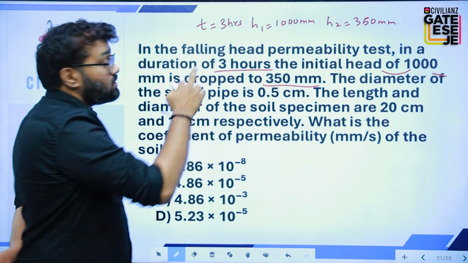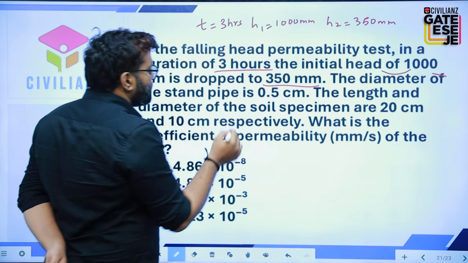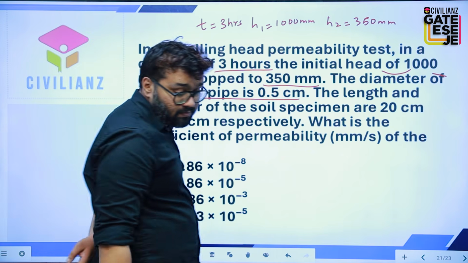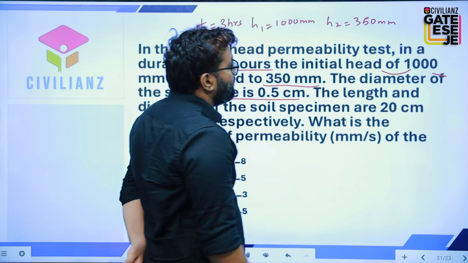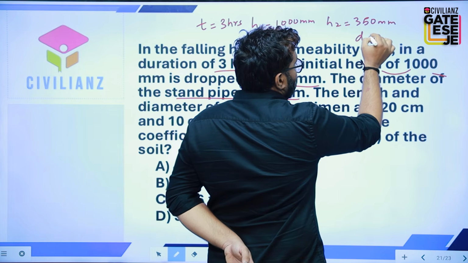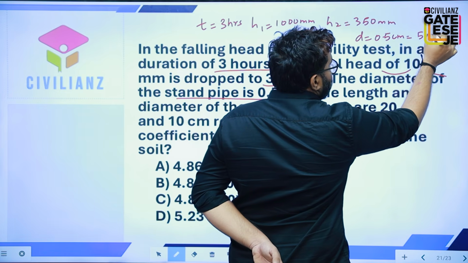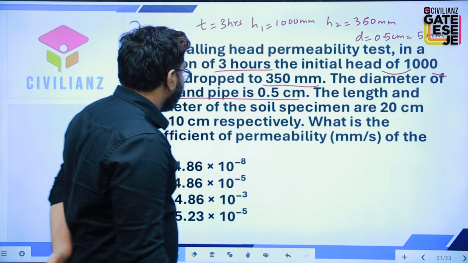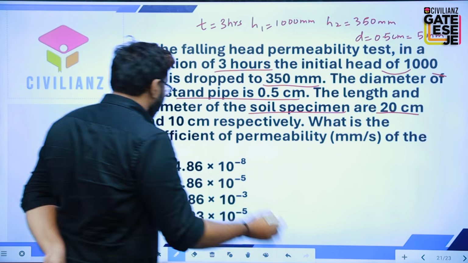The diameter of standpipe is given as 0.5 centimeter, so D is equal to 0.5 centimeter, which is 5 mm. The length and diameter of the soil specimen are given as 20 centimeter and 10 centimeter.